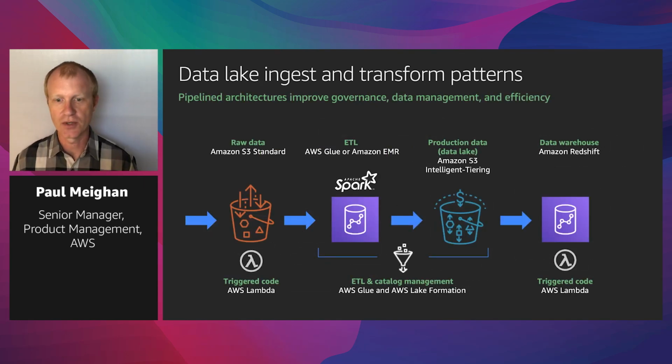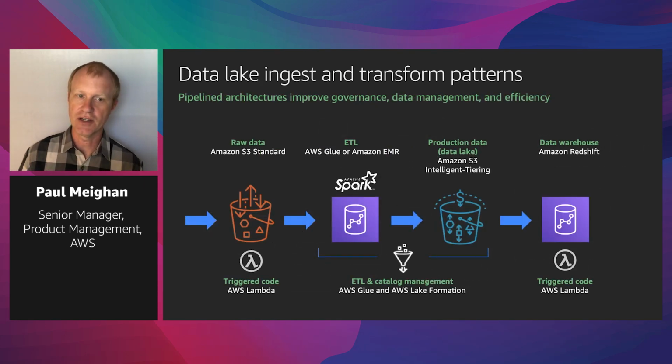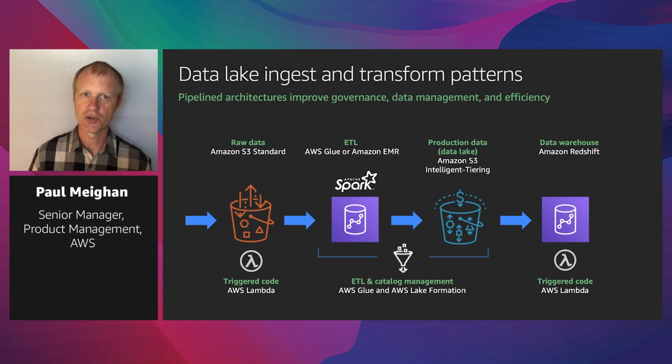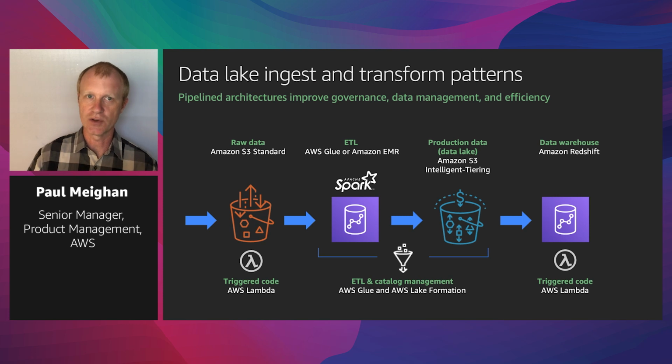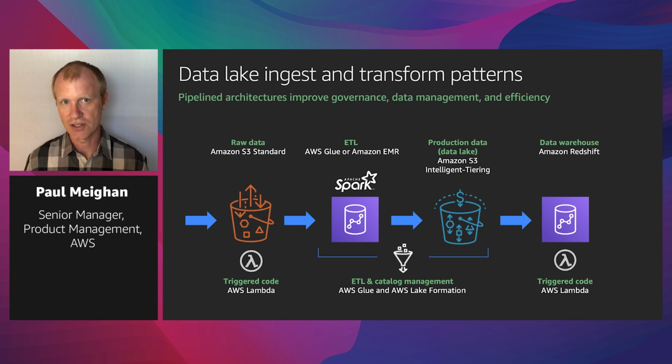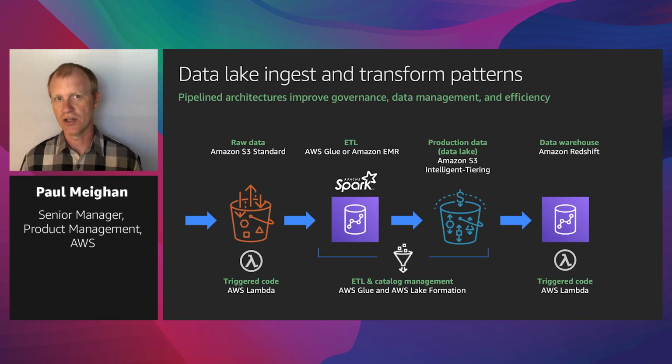We also see customers often using S3 event notifications to trigger Lambda functions or other code that takes data through a transformation pipeline. S3 event notifications are events that trigger based on S3 API calls that you specify.